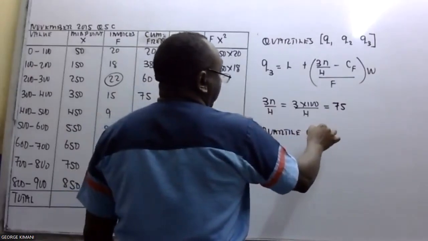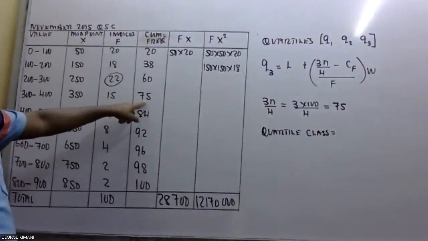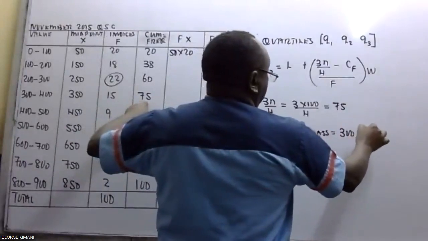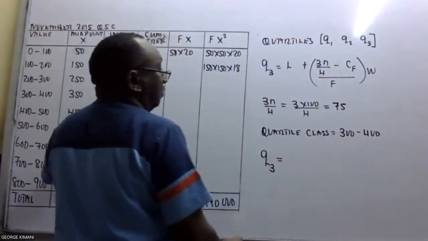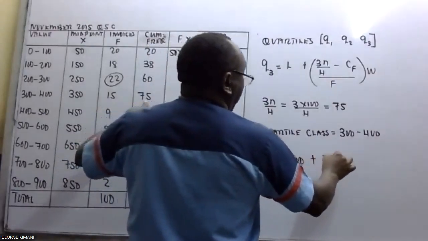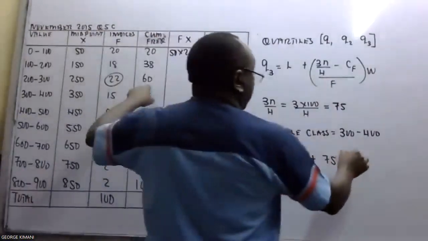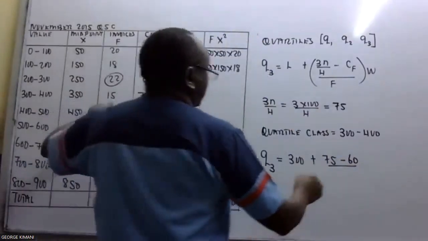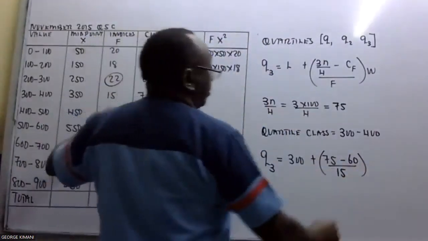The quartile class is where there is 75. So exactly here, it is 300 to 400. So Q3 should then be 300 plus 75 minus the frequency above. The frequency above is 60. You divide by the frequency of that class, which is 15, multiplied by the width, which is 100.